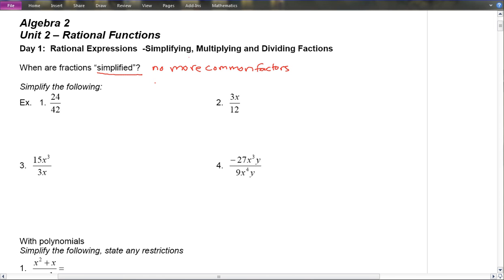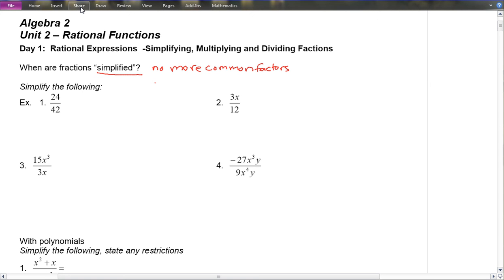For each one of these examples, we need to think about whether there are more common factors. Before you can know if there are common factors in the top and bottom, you have to think about what the factors are. The best way we as a class have come up with to find all the factors is to use our factor tree.